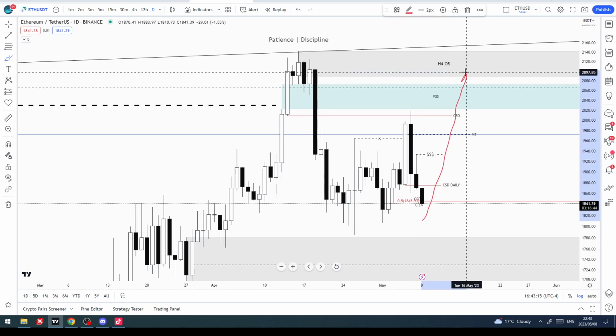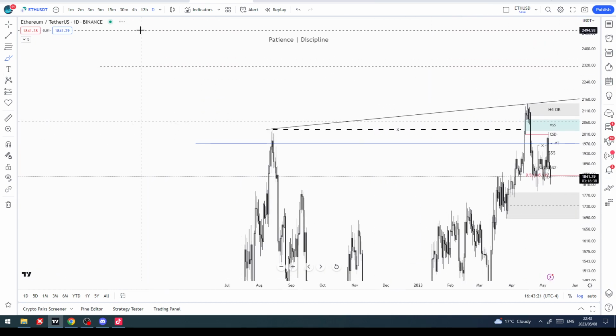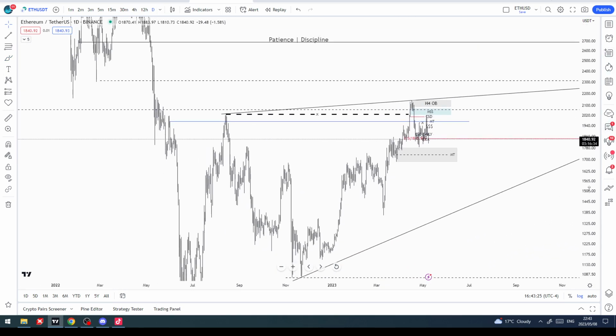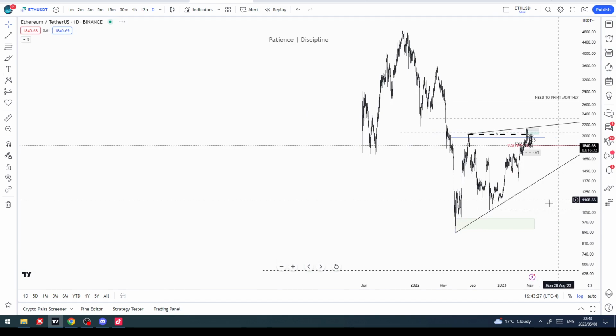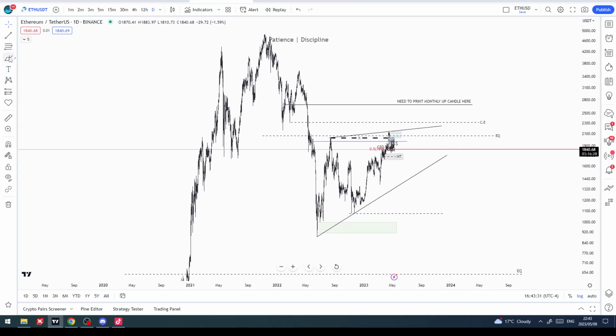So looking for the raid on the OB at some point before it rolls over, because ETH, if you look at it, it's sort of in a giant bear flag. Not a flag kind of person, but it is what it is.